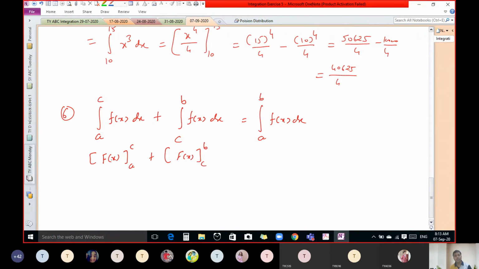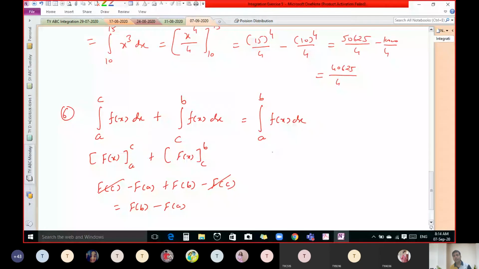So first of all we have to write c here, so we get F of c. Then we have to write a, so F of a. Same thing, if you put x equal to b, we get F of b, and here minus F of c. So your F of c is cancelled, and we get F of b minus F of a.